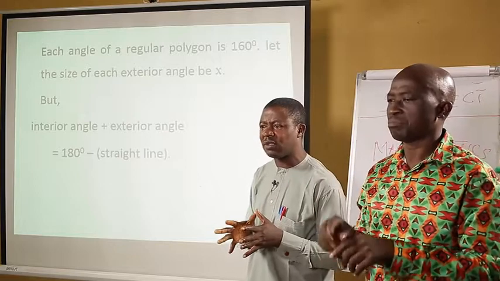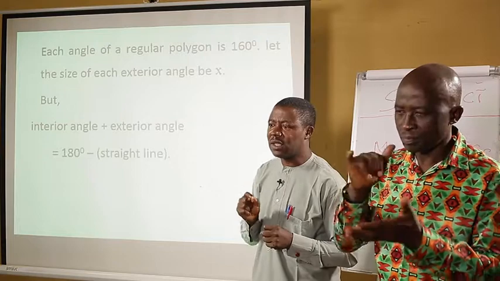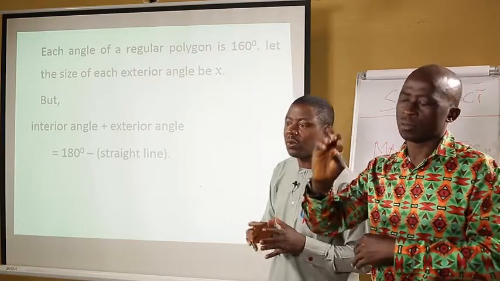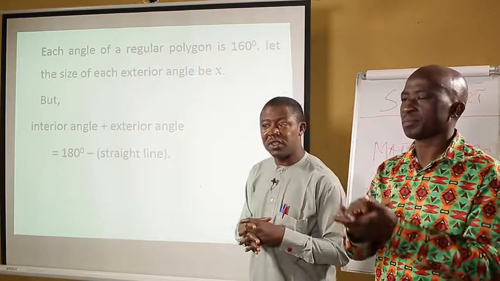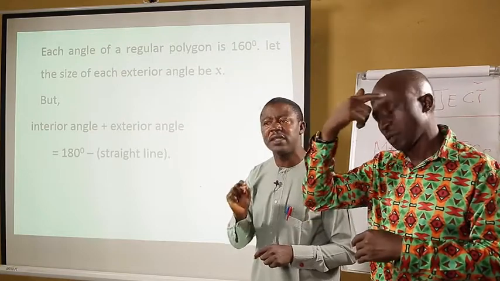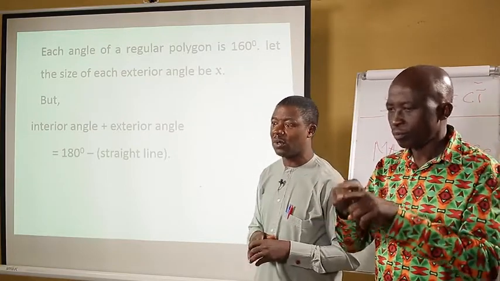The number of sides we are not given. We are only told that the interior angle is 160 degrees, which means that each of its interior angles is 160 degrees because it is a regular polygon.